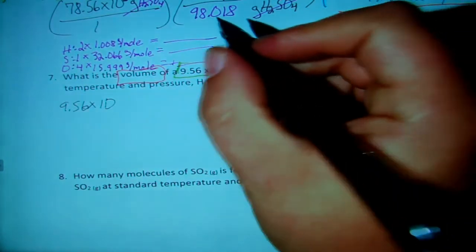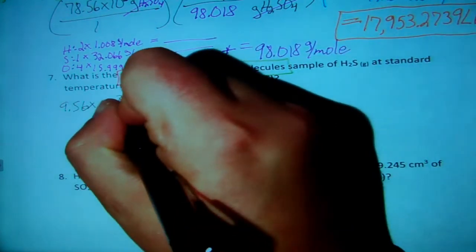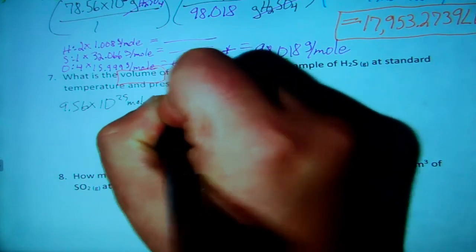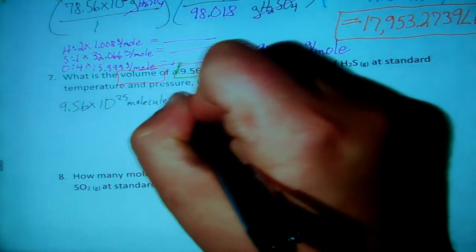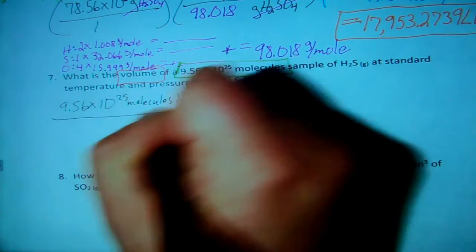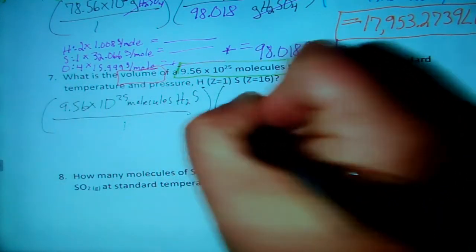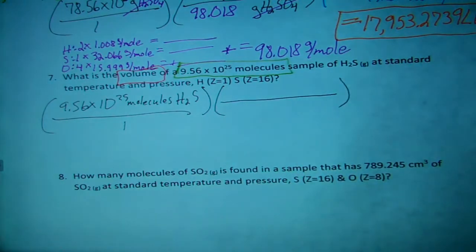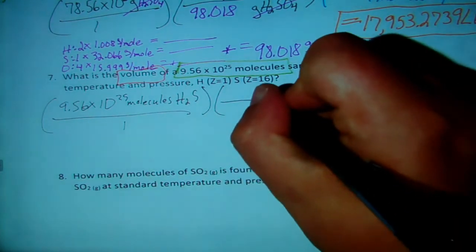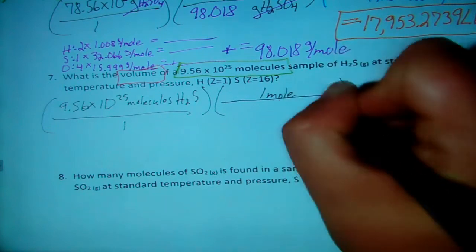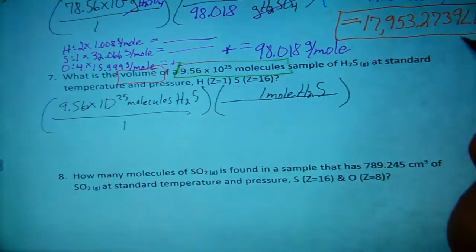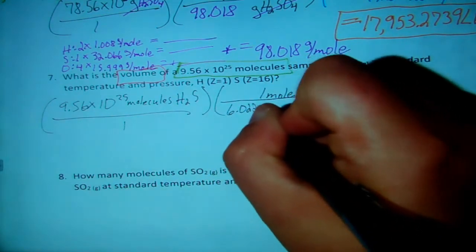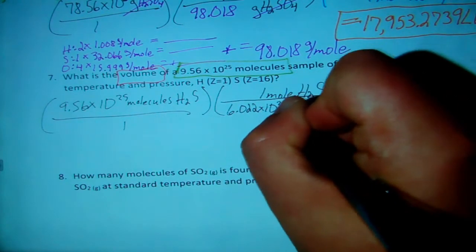So 9.56 times 10 to the 25th molecules of H2S. Set that over 1. I've got to get from molecules to volume. Before I can do that, though, I have to get to moles. So 1 mole H2S. I need molecules to cancel. 6.022 times 10 to the 23 molecules.